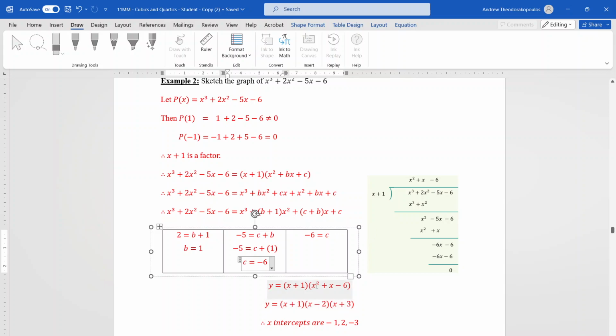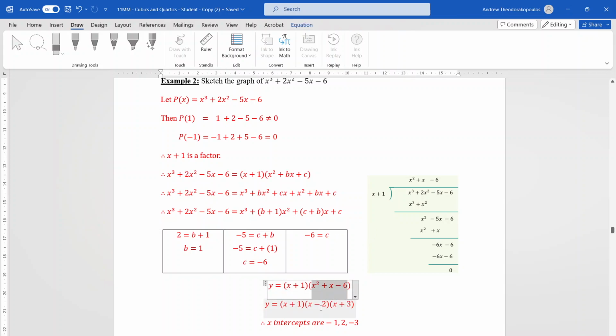We know that x squared plus x minus 6 can be factorized into x minus 2 and x plus 3 using the cross-bridge method or any other method you're familiar with. And then, with that, we can get our x-intercepts as -1, 2, and -3 using the null factor law.